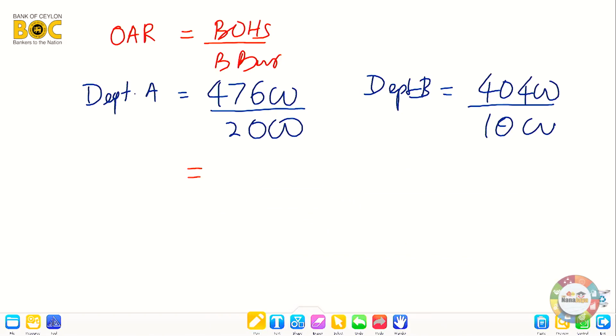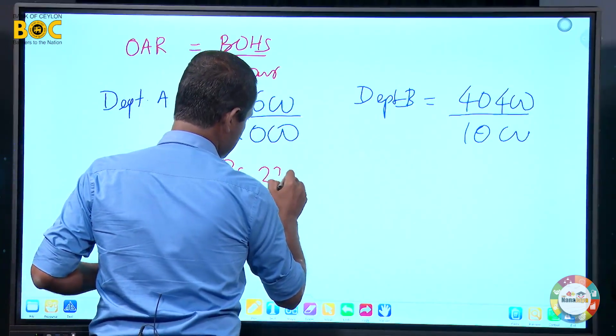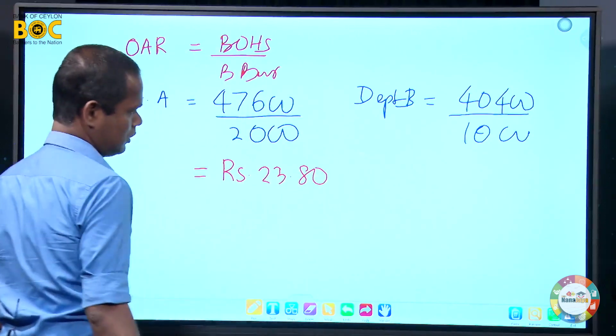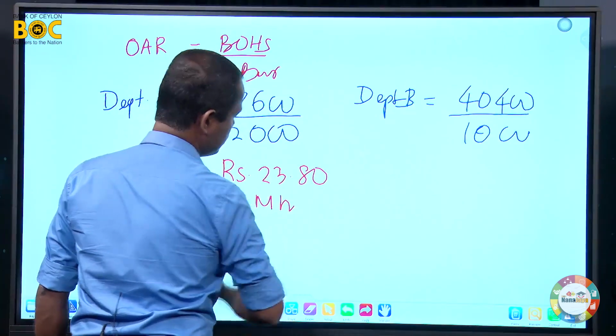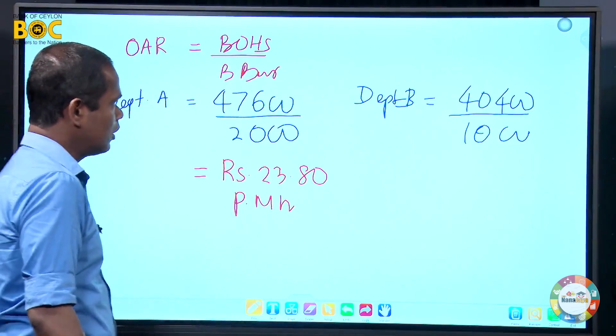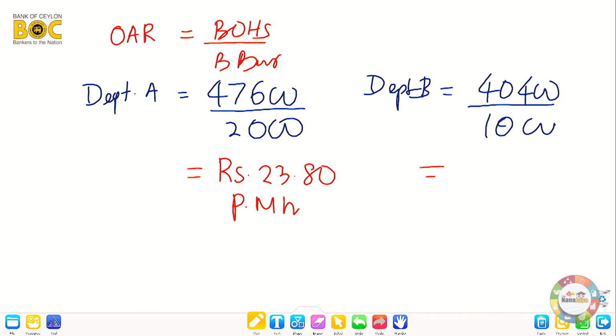So how much do you get for department A? 47,600 divided by 2,000 gives 23 rupees and 80 cents per machine hour. Then department B: 40,400 divided by 1,000 gives 40 rupees and 40 cents per machine hour.